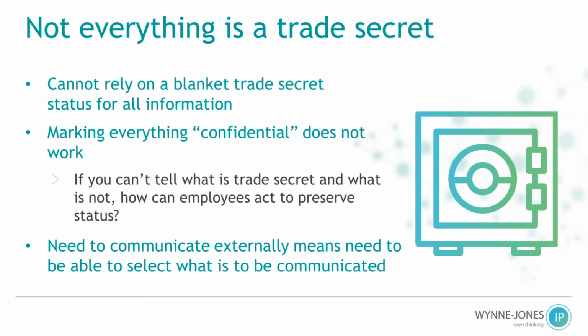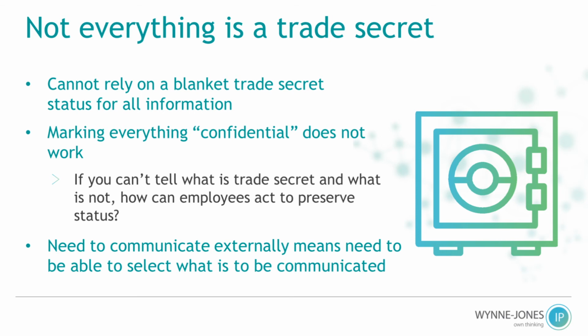As I said, it needs to know what is there. And particularly as we know that we have material in most businesses which are external, which are non-confidential, there must be a clear way of distinguishing between them. So a simple blanket approach to say everything is a trade secret and confidential doesn't work. You need to be able to flag things that are and are not confidential, particularly because all businesses at some level need to communicate externally.